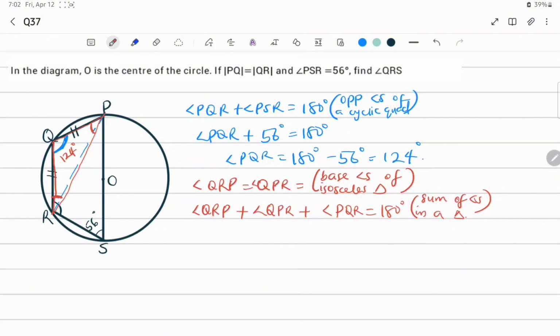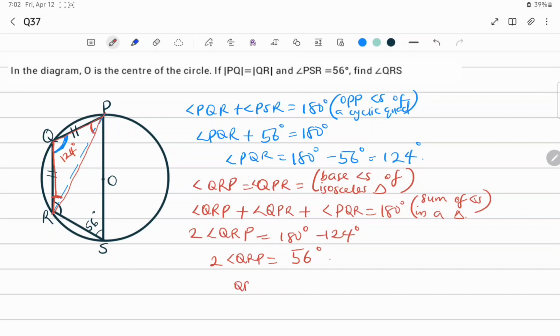So 2QRP equals 180 degrees minus PQR, which is 124 degrees. So that means 2QRP equals 56 degrees.